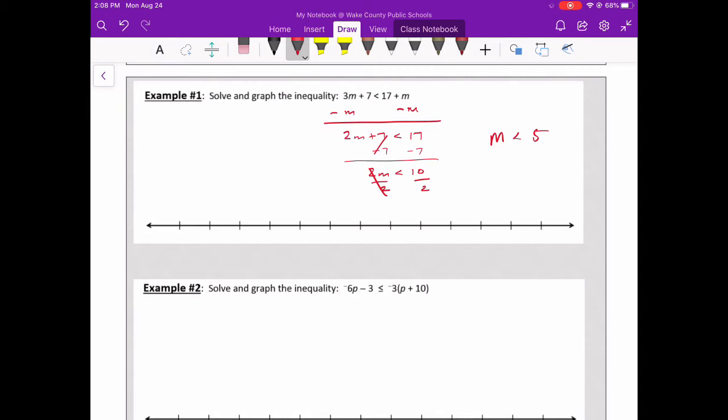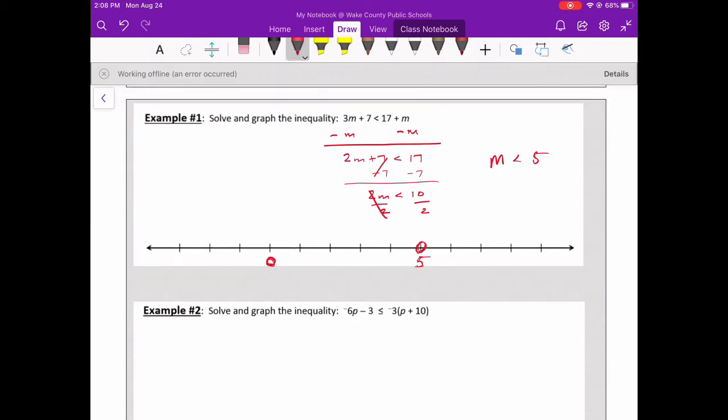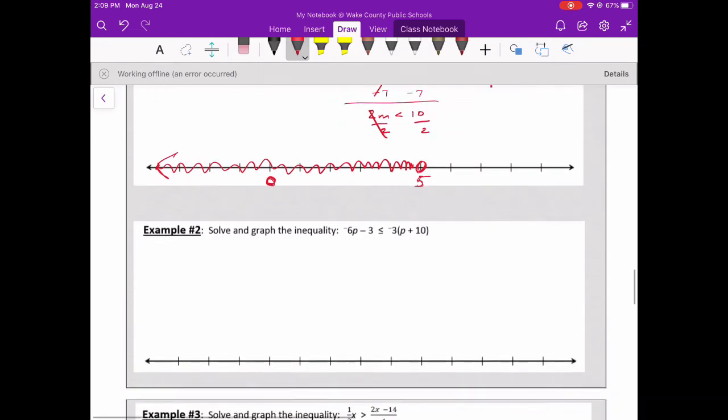So I'm going to put a 0 as a landing mark on my number line, and that means 5 is to the right of it. 1, 2, 3, 4, 5 units, and really that's all you need on your number line. I'm going to go open circle because we are talking about less than, not less than or equal to, and then all the numbers that are less than are to the left. So I'm going to shade all of this and put an arrow at the end, and that's how we do it.